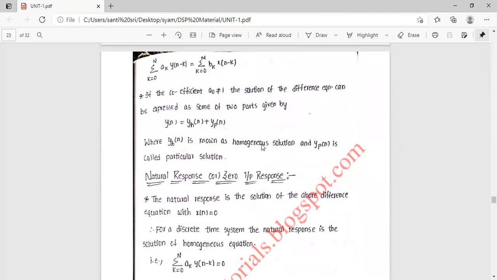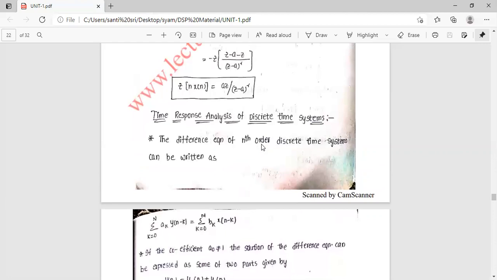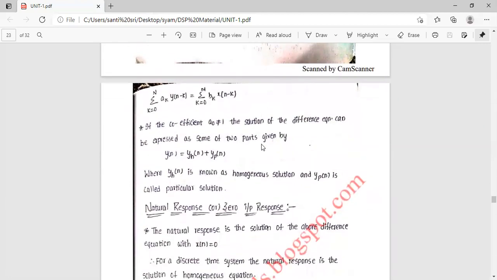So the time response of a discrete time system can be written as a combination of the homogeneous solution and the particular solution.